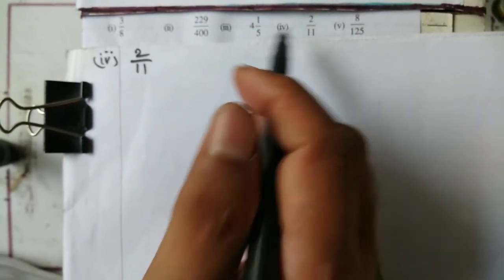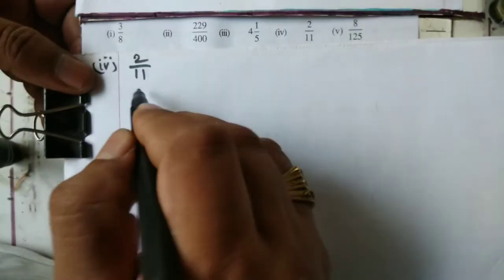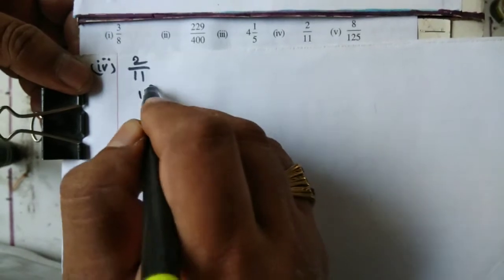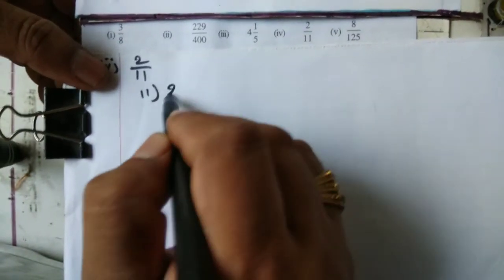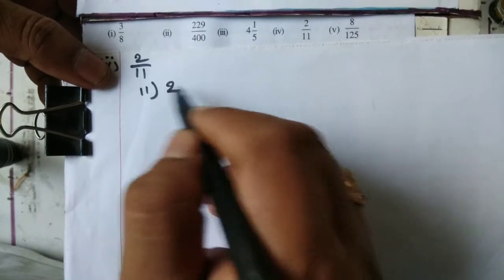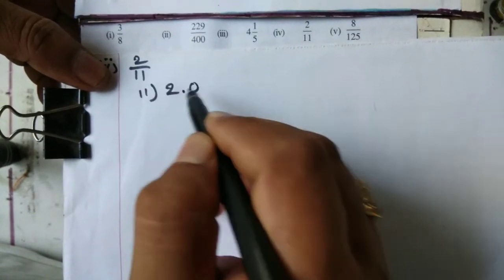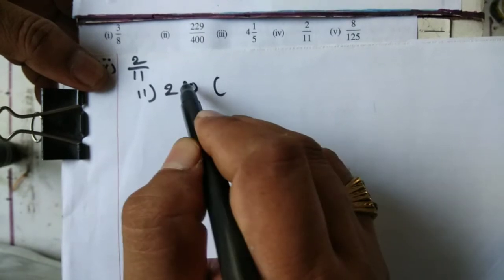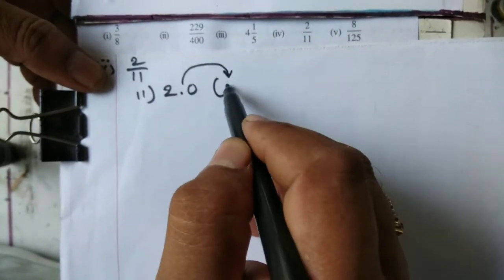Fourth problem, 2 by 11. So 2 is not possible with 11. That's why I keep decimal point and 0. This we have to keep in quotient place.